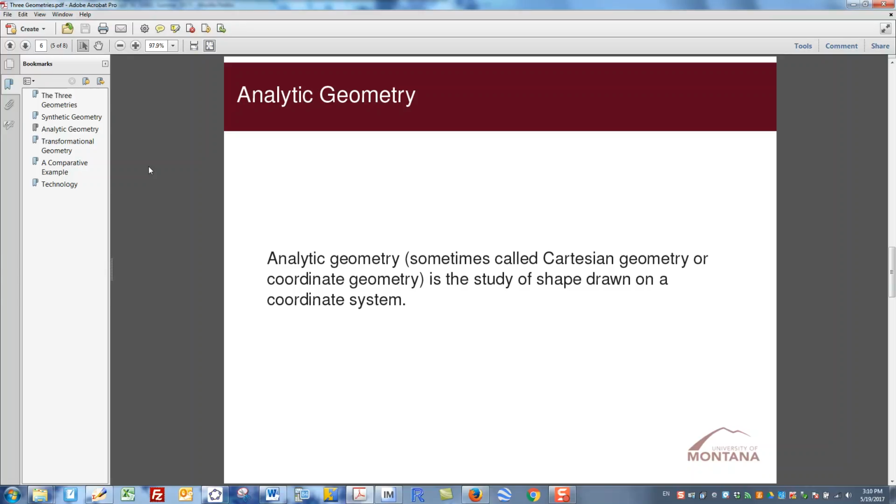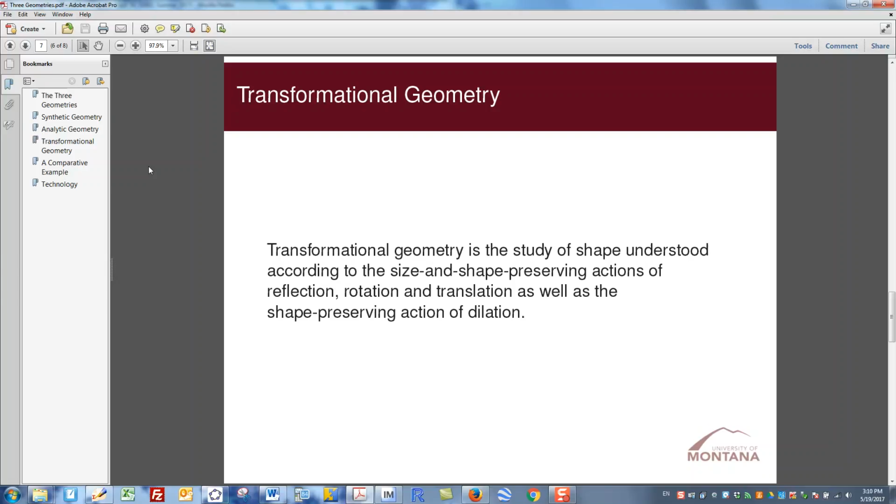So things like the equation that gives the distance between 2 points on a coordinate plane, or the equation of a line on the coordinate plane, or the equation of a circle, or for those of you who teach maybe a high school algebra course, equations of conic sections on the coordinate plane.